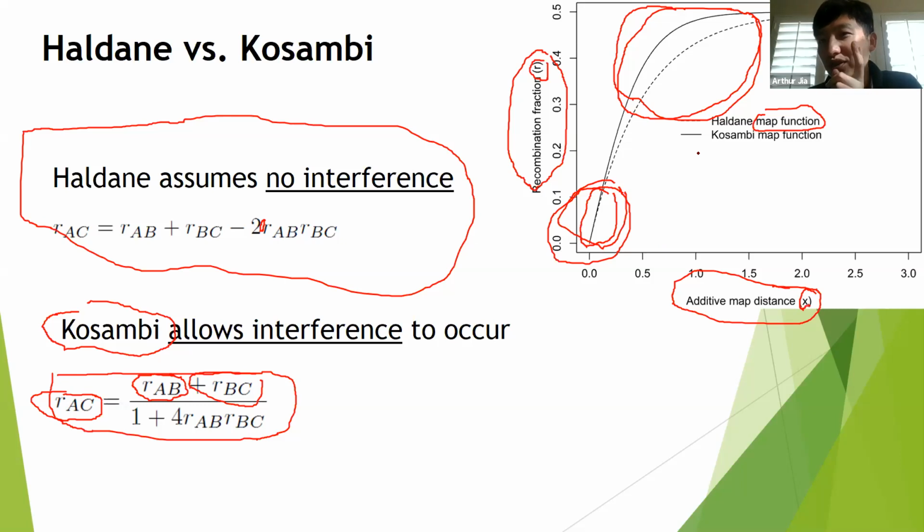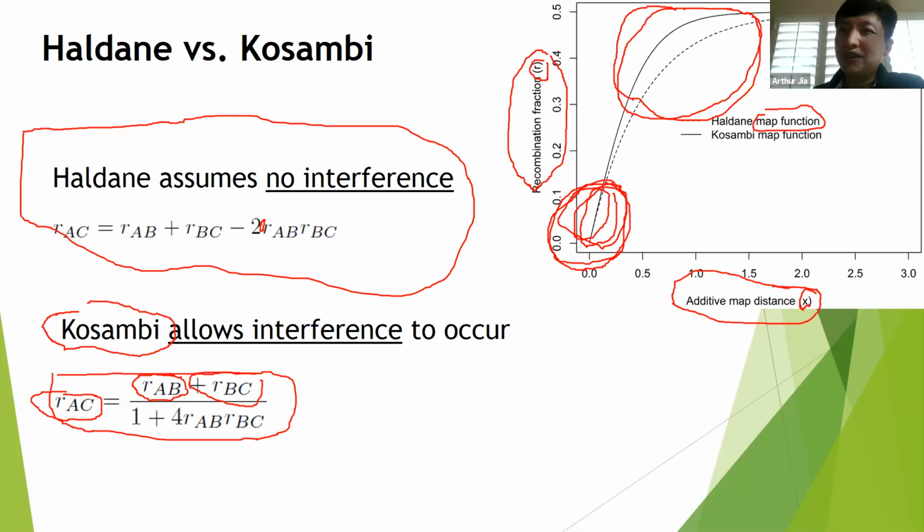Now we have two versions of the map function. They are almost identical when we are dealing with genetic distances which are very small or very large, because these are two extreme situations. When we are talking about a very small region, there is complete interference. When you have the first crossing over, this crossover will prevent another crossover occurring.